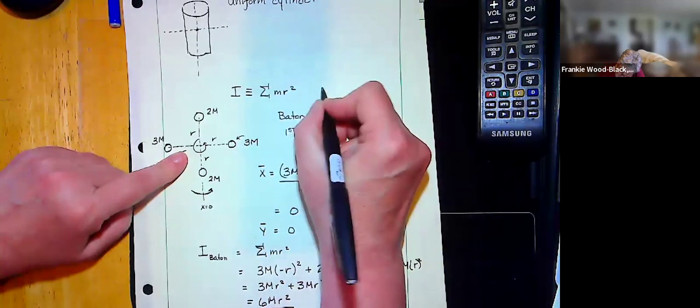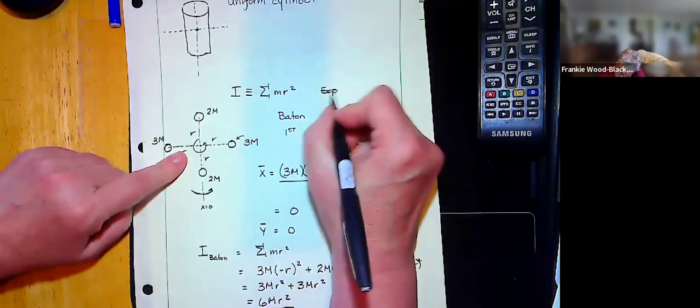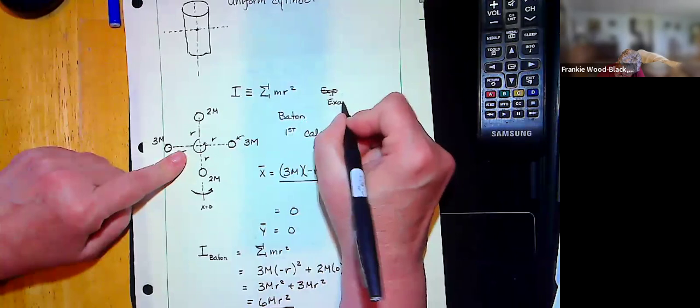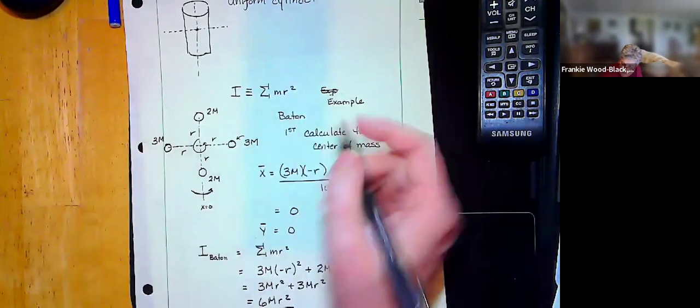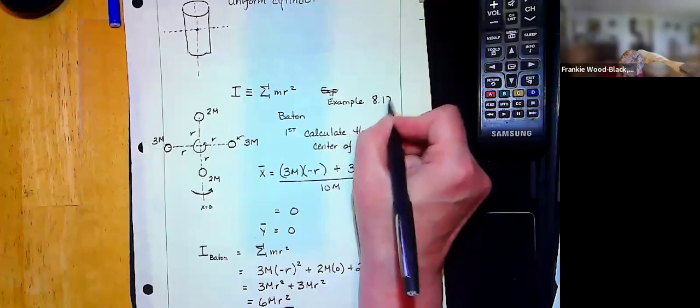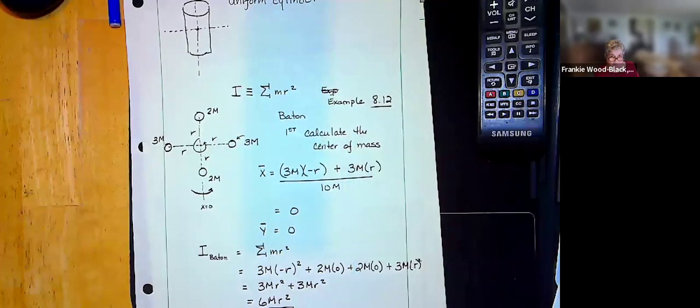And you have an example, and the example is 8.12 in your text. So you've got that example.